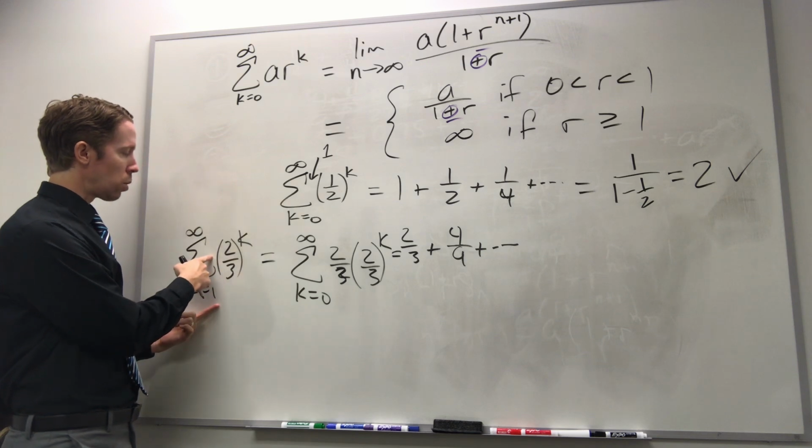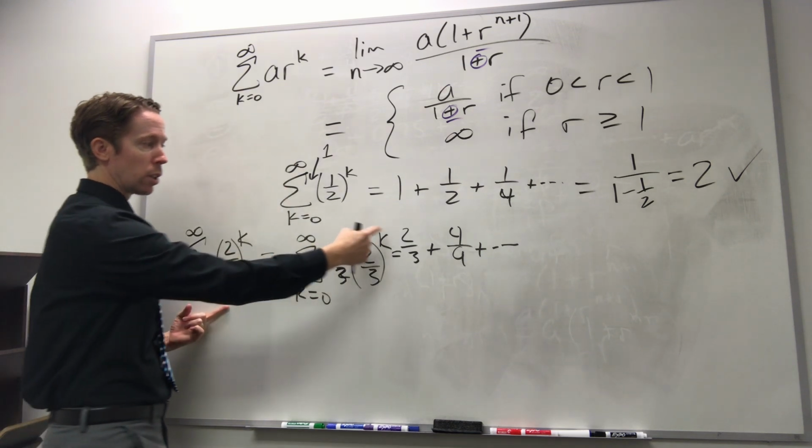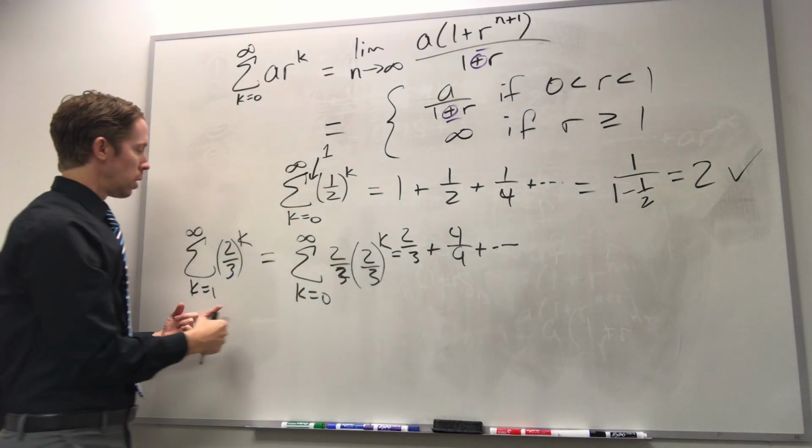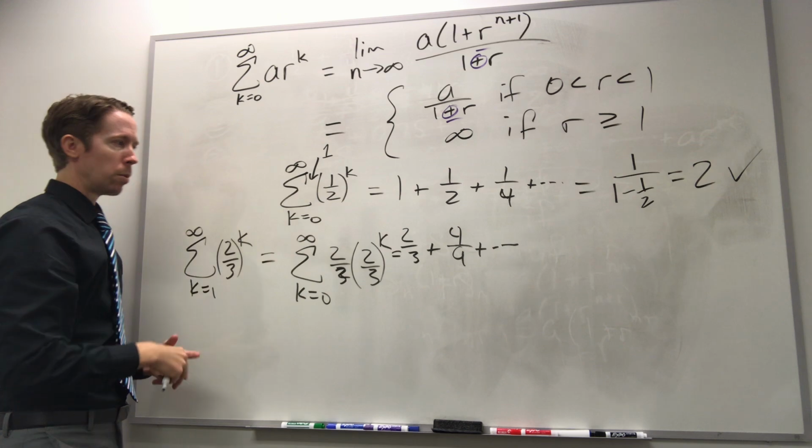So you could use a equals 1 and r equals 2/3 in this expression, but that assumes that you're starting with a 1 at the beginning. So whatever answer you would get from that, you would subtract 2/3 from it.